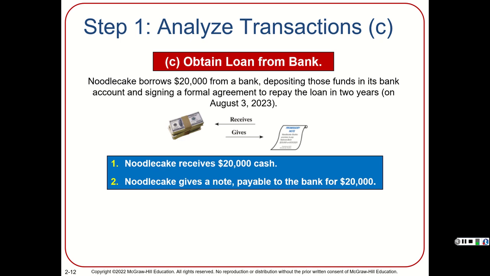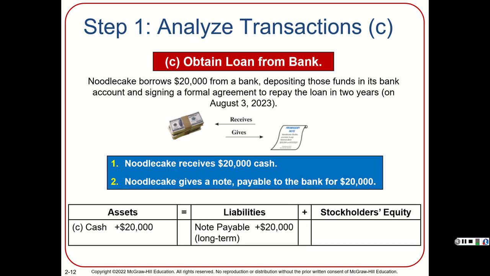So we call it a note payable because it's a long-term liability. Your transaction is going to look like this. So this is what we talked about before. Your cash is going to increase going into your bank account. Your note payable on the liability side is going to increase. So again, both sides of the equal sign are balanced.